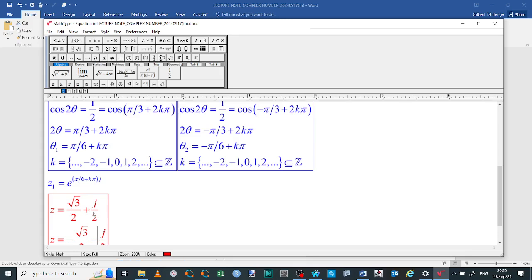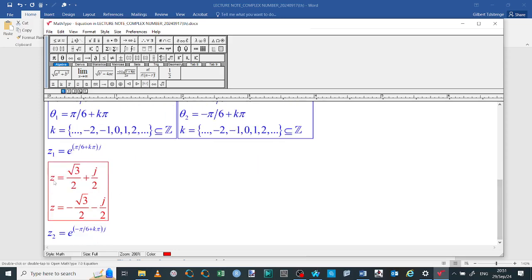Now if I say k is equal to 3, I end up with this complex number. You can see that it cycles between these two complex numbers. Therefore I can safely say that this is the first one and I'll have the second one here.